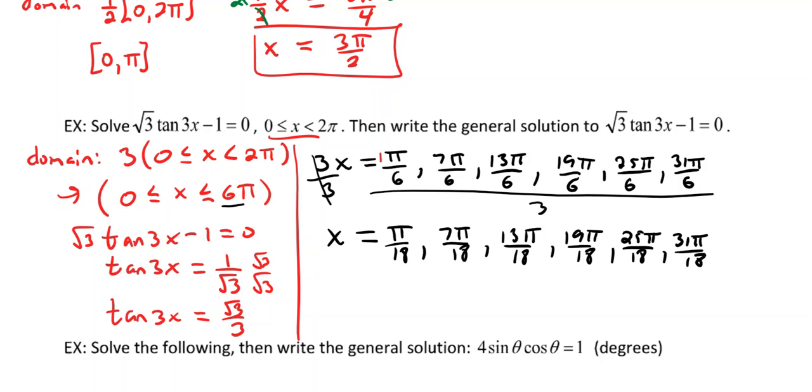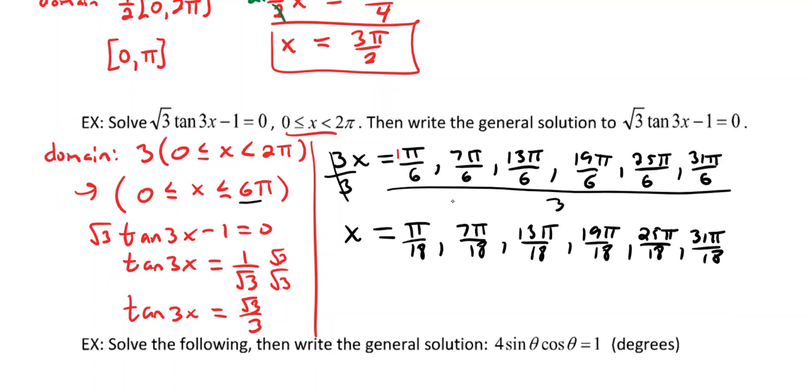Now, notice what's happening here is that we're actually just going up by 1/3 pi every time. So this would be like going up by pi over 3, and then up again by pi over 3, right? For every one of those.